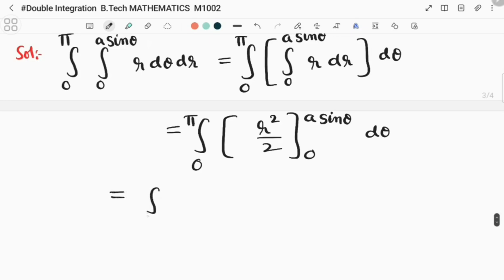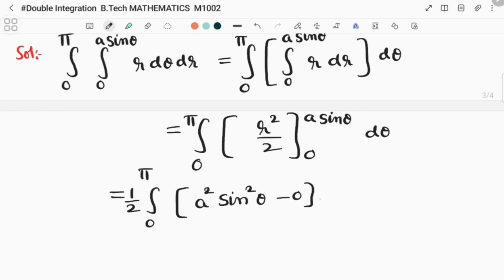So what we have to do, that 2 also we can take outside, dear students. So a square by 4 integral 0 to pi 1 into d theta, minus integral 0 to pi cos 2 theta into d theta. Okay?